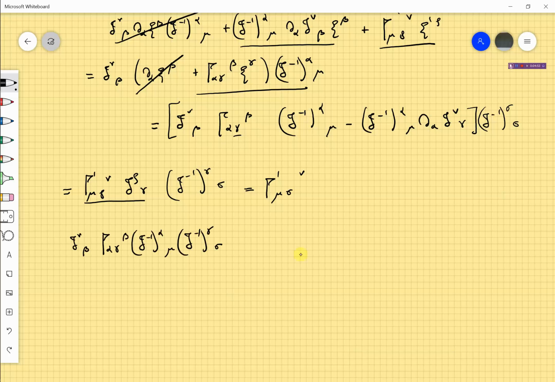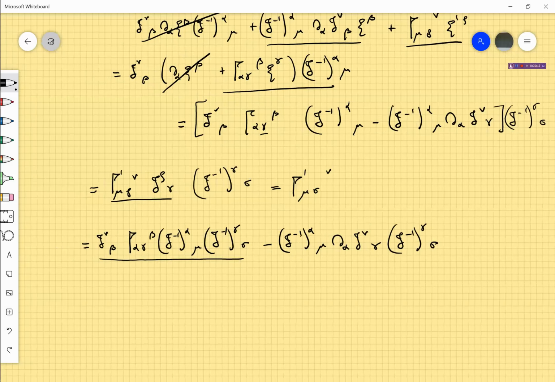This could be the whole transformation if gamma was a tensor, but then there is the second term, j minus 1 alpha mu partial alpha j nu gamma and j minus 1 gamma sigma.